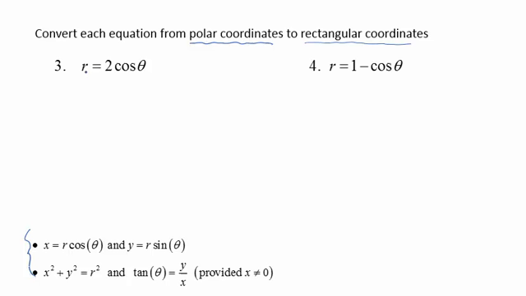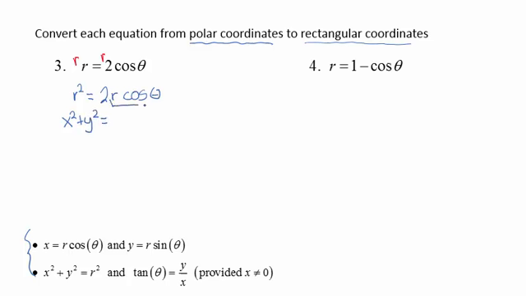To rewrite the equation r equals 2 cosine theta in rectangular coordinates, we might multiply both sides of this equation by r. Of course, this would introduce the term r squared equals, and this right-hand side, let's write it as 2r cosine of theta. Of course, we'll substitute r squared with x squared plus y squared.